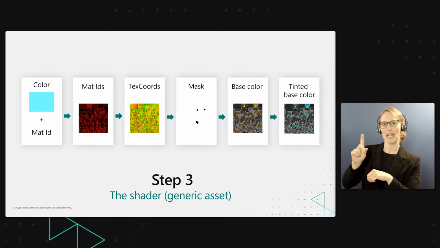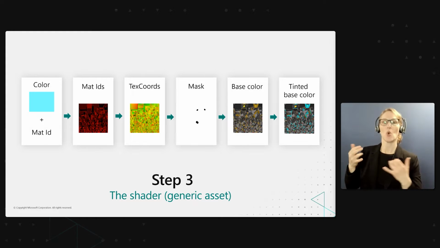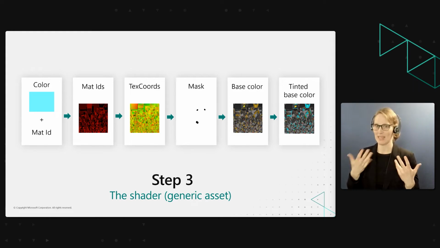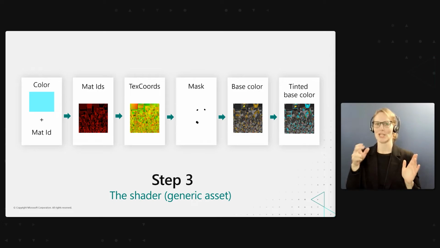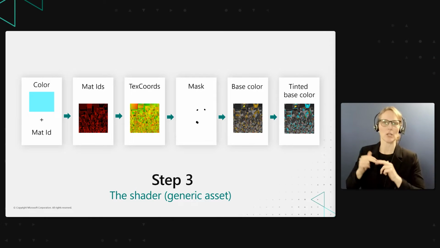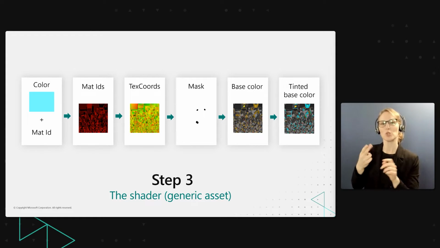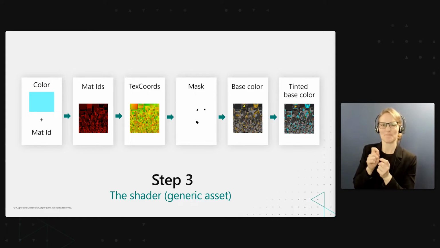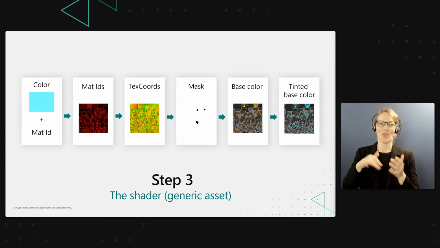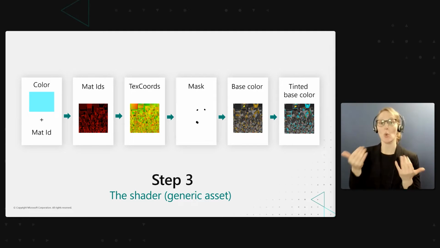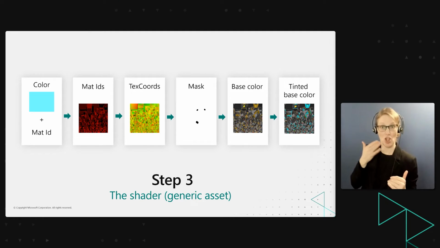Now, as I said, this was a generic asset, which was not built for this specific case, which means that we have to do a little more intricate shader in order to be able to modify the color, which is what we chose to do in our example. So what you have here is that you first have a color coming in and a material ID.